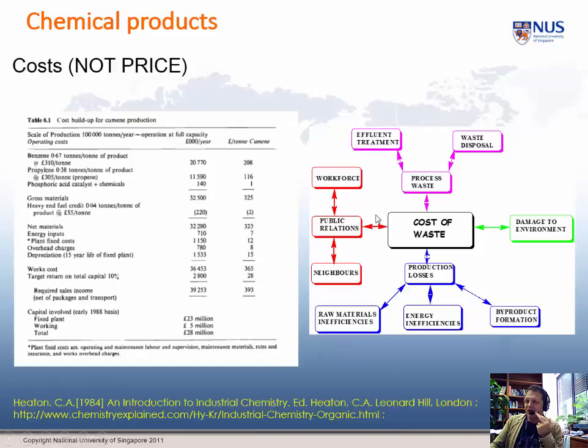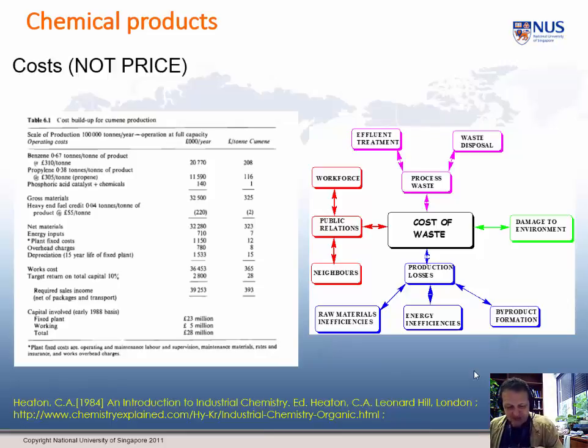And there's the public relations damage you do because you have just polluted the local river that maybe everybody bathes in during the summer and stuff like that. So waste can be very expensive. And that 15% can be quite serious.